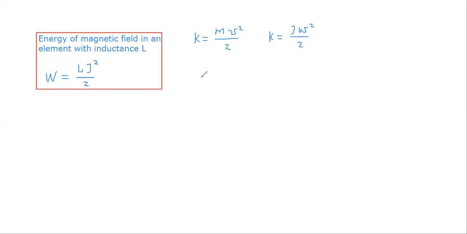And energy of electric field in a capacitor is equal to capacitance multiplied by potential difference squared divided by 2.